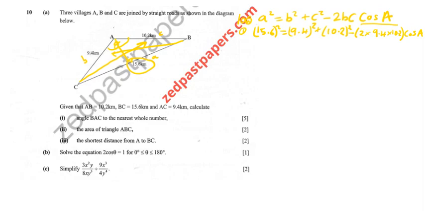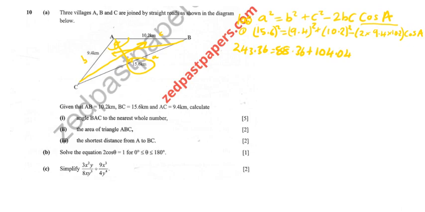You say 15.6 squared is going to give you 243.36, which is equals to 9.4 squared, it is 88.36, plus 10.2 squared, it is 104.04.